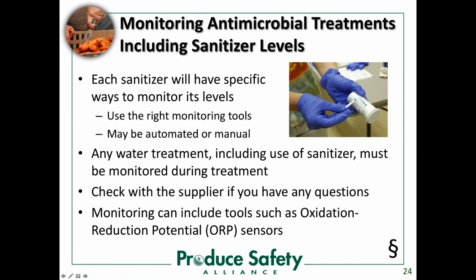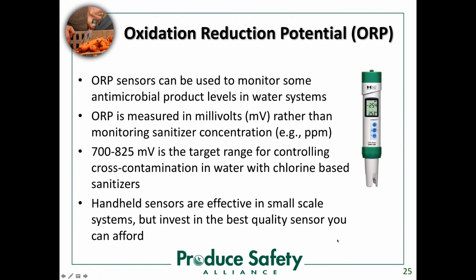And in many states, Cooperative Extension Services put this information out. Maybe the state health department is in charge of that in your particular state. Could be the Department of Agriculture. Check your various resources and find out how you should monitor your antimicrobial and sanitizer levels.